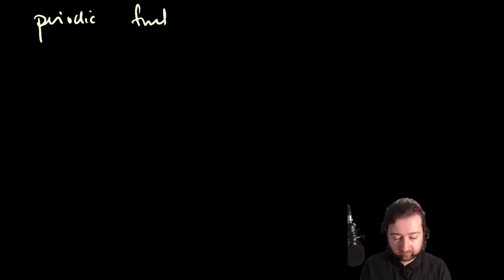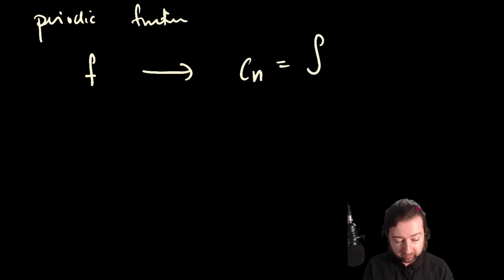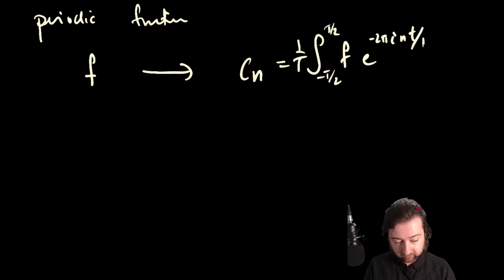If I'm working with a periodic function and I start with f, I can write down that the Fourier coefficients Cn are equal to the integral of 1 over T, from minus T over 2 to T over 2, of f times e to the minus 2 pi i n t over T, dt.